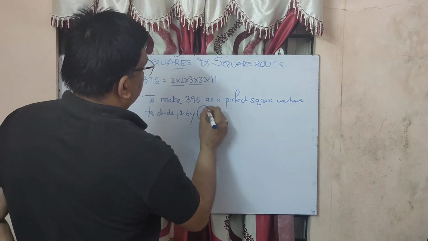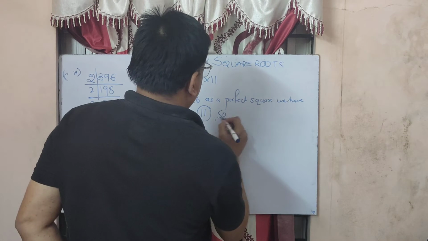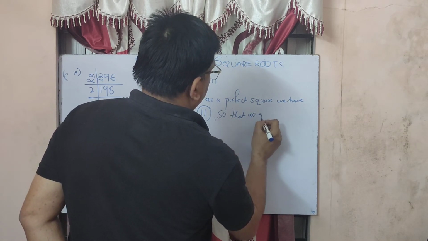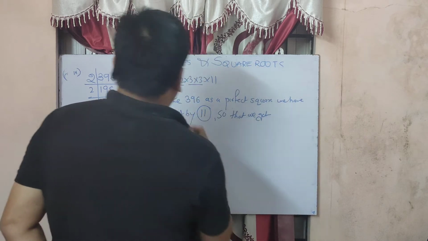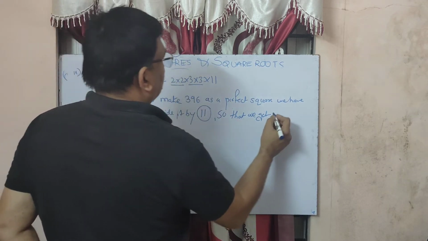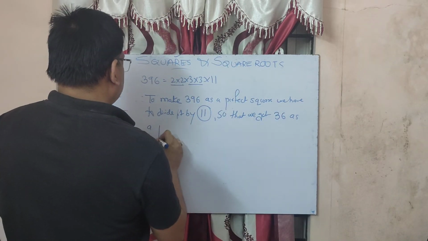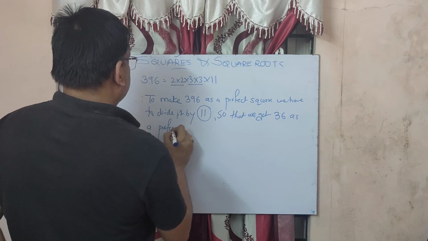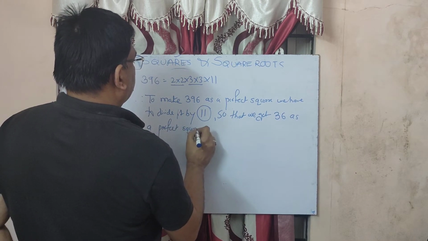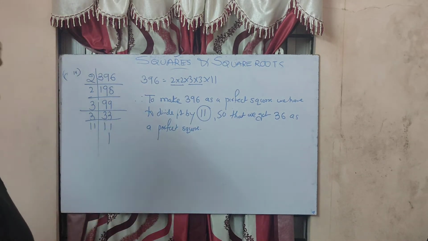Divide it by 11, so that we get 2 fours are 4, 4 threes are 12, 12 threes are 36, we get 36 as a perfect square.